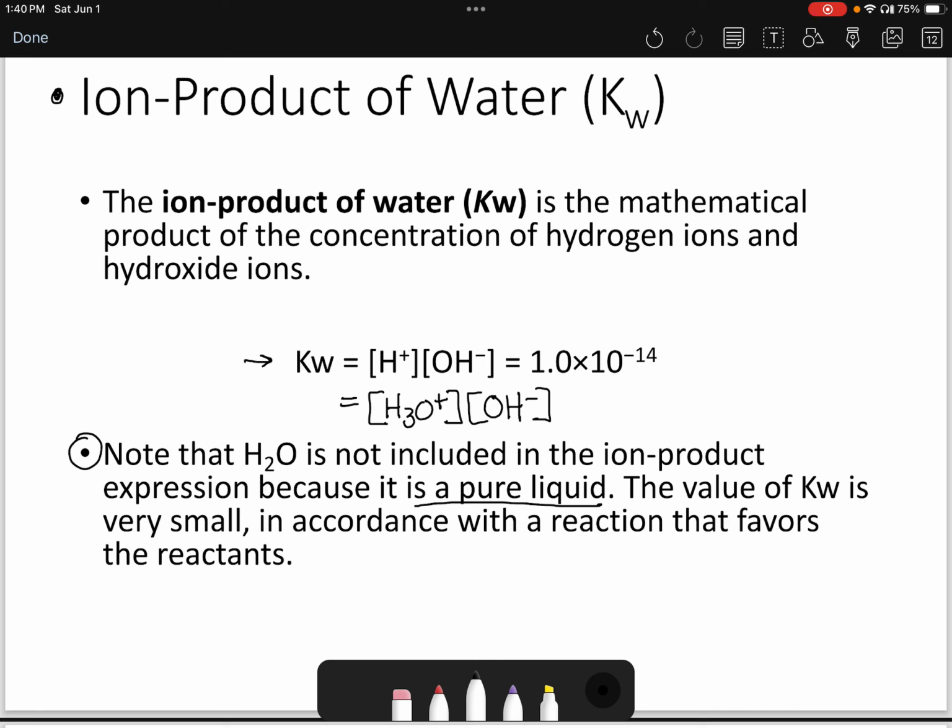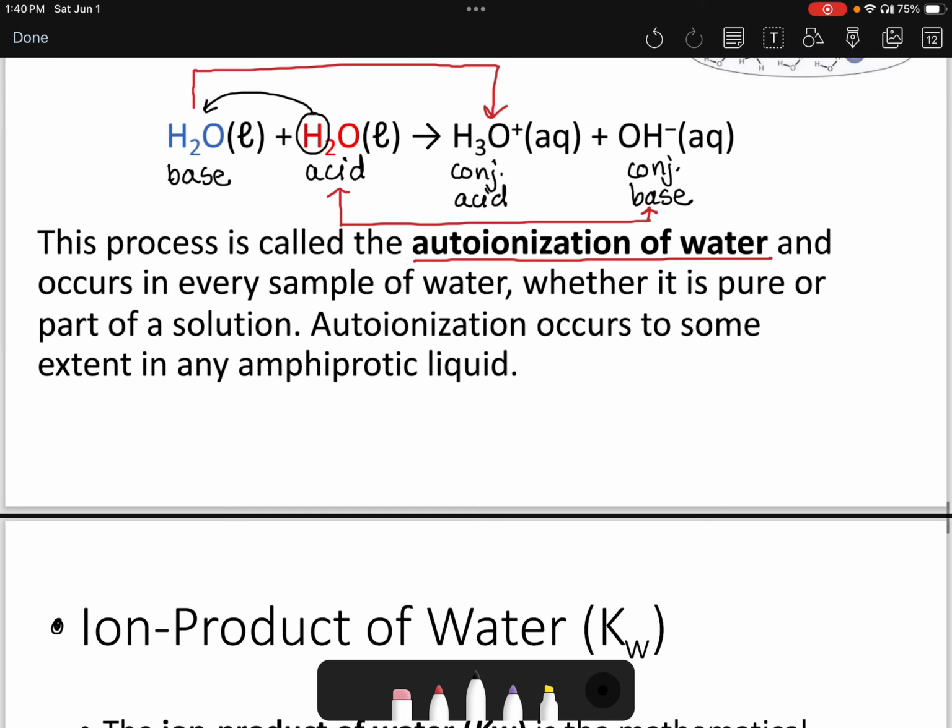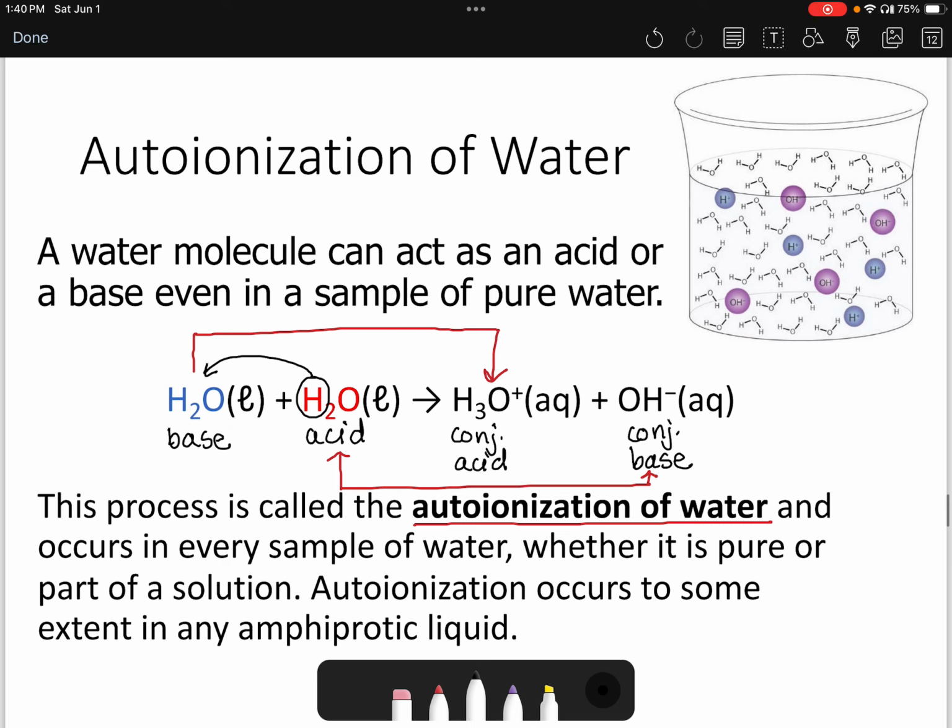Now, the value of Kw, this ion product of water, is very, very small. And that's because we do favor the reactants, which is H2O. So if we go back to this slide, we should actually have a double arrow here, an equilibrium arrow, because we're only producing a very small amount of the product, and the products can actually react to reform water.